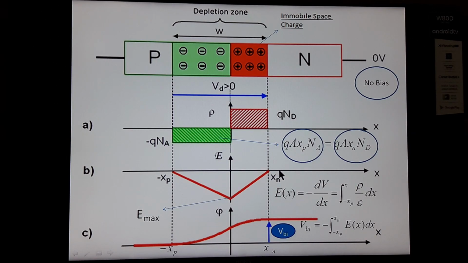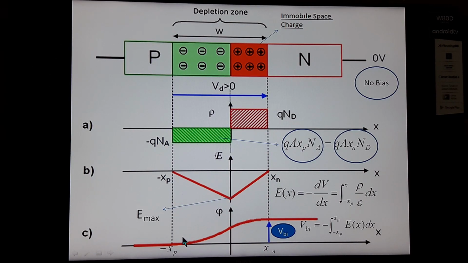The value of the electric field may be calculated from the gradient of potential with distance, and it may be calculated from Poisson's equation that we have to discuss now.